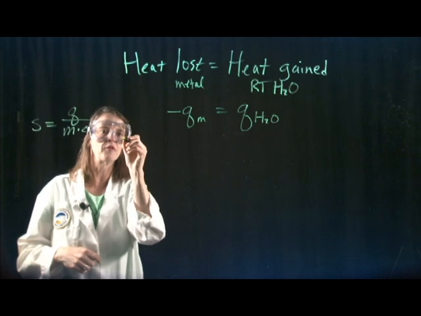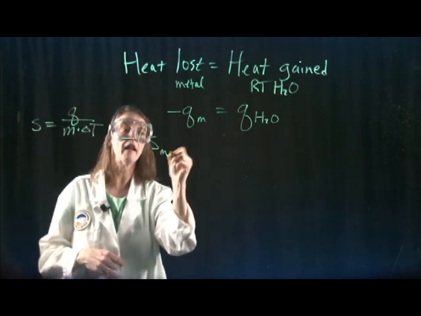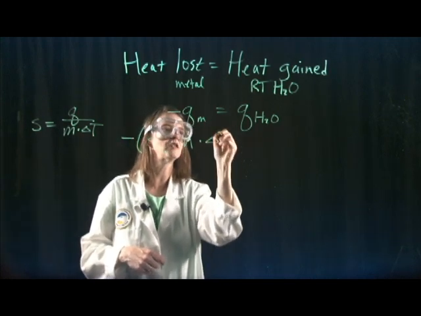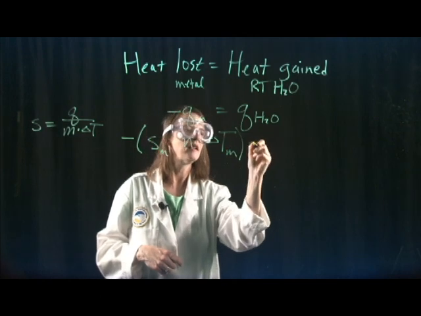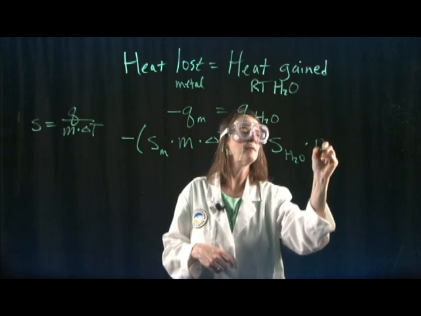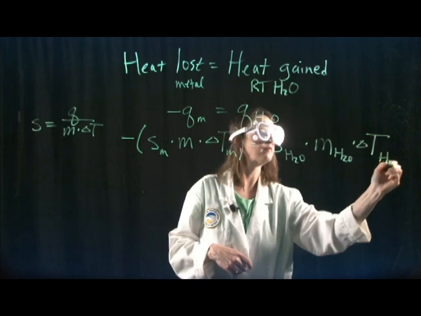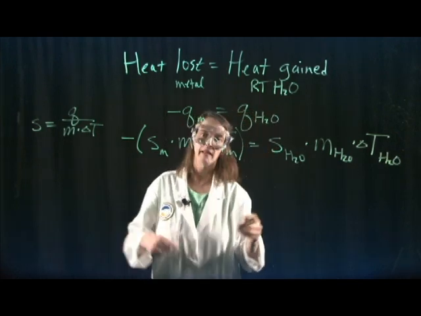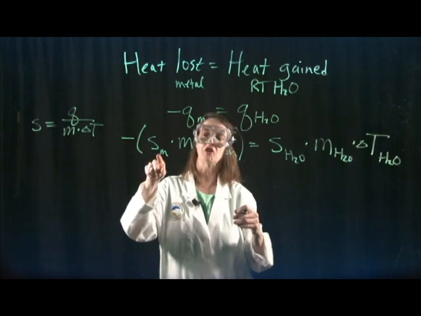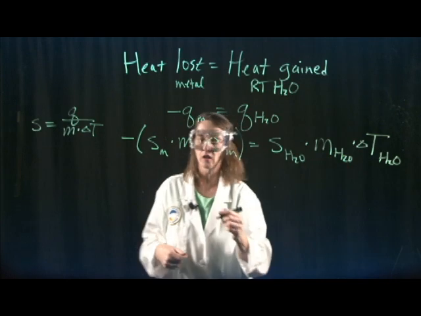So we can set that up for the metal: negative specific heat capacity of the metal times the mass of the metal times the change in temperature of the metal is equal to the specific heat capacity of the water times the mass of the water times the temperature change of the water. We are going to be able to measure everything in this equation except for the specific heat capacity of the metal, which we can determine from here.